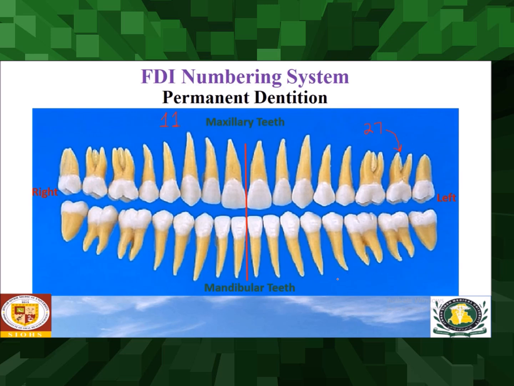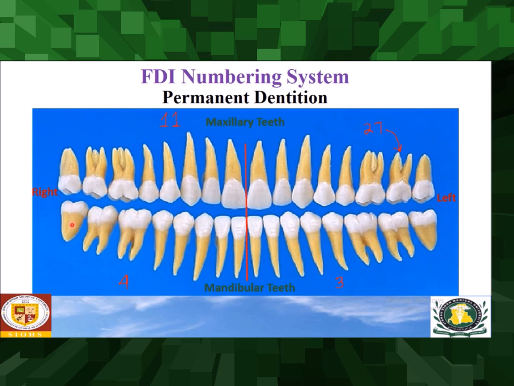Now this is the third quadrant, the mandibular left quadrant. It is referred to as number 3, and this quadrant, the mandibular right quadrant, is given number 4. Now the mandibular right third molar. This is the whole mandibular arch and the mandibular right third molar. This is the first molar, second molar and the third molar.